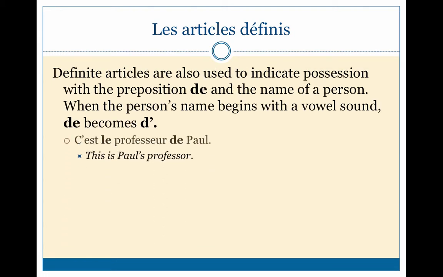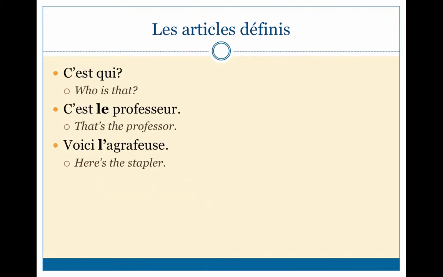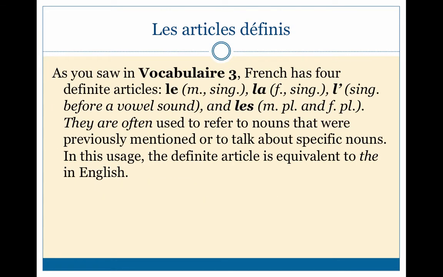So before we get to this with the possession with definite articles, I'd like to mention to you why it's better to memorize your nouns with your indefinite articles. Because if you look at the formations of your definite articles, you have this apostrophe thing. So imagine if you were trying to memorize the gender of a word using definite articles, as we see here, but it starts with a vowel.